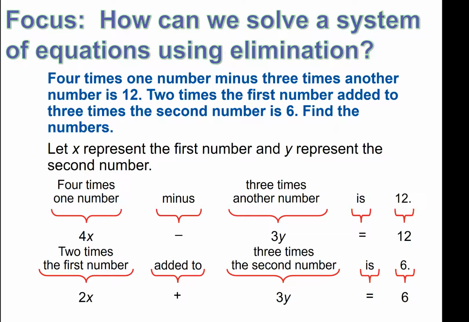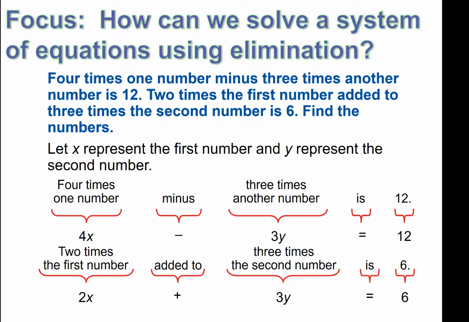Let x represent the first number and y represent the second number. So we have 4 times one number, 4x, minus 3 times another number, 3y, equals 12. Our second equation, 2 times the first number, 2x, added to 3 times the second number, 3y, is 6.